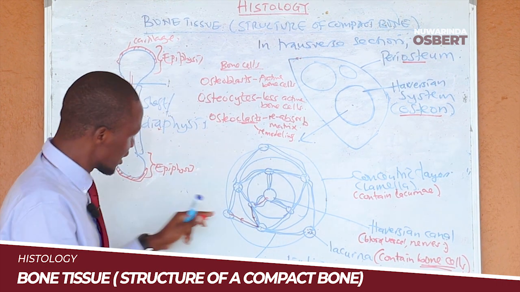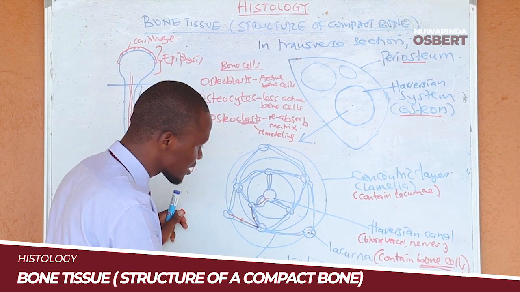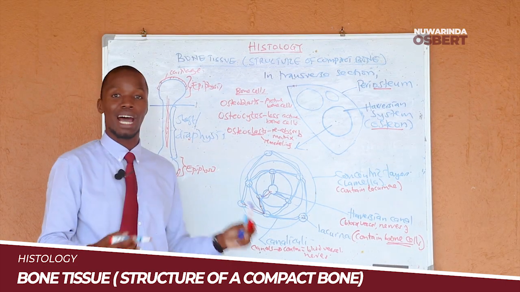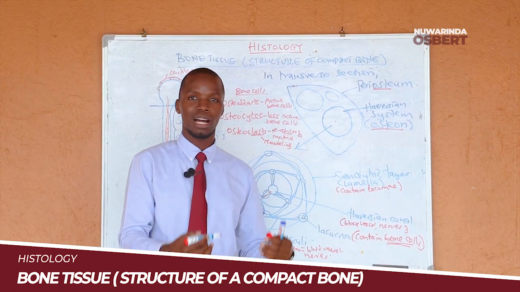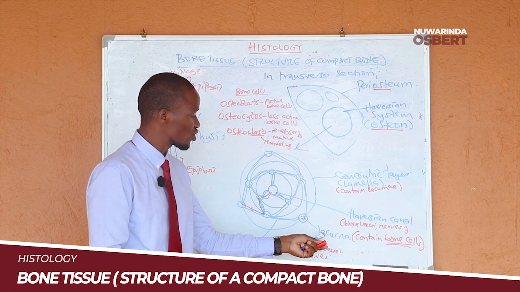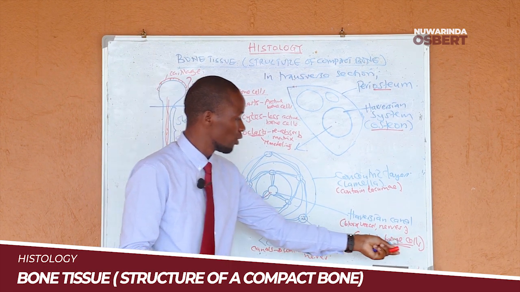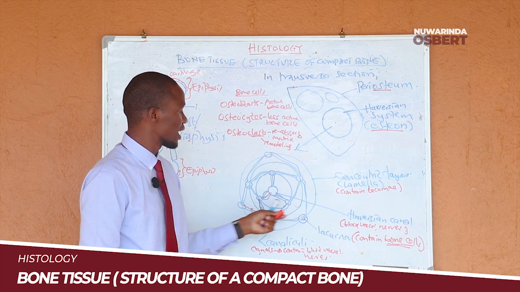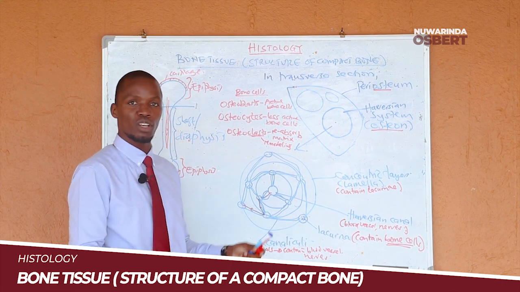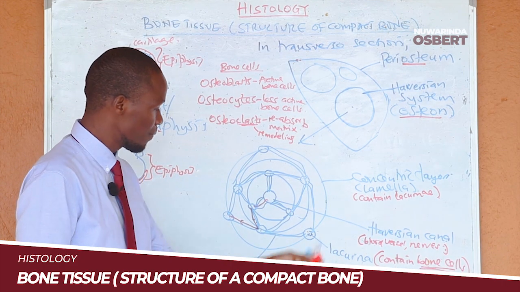So all these blood vessels are moving within those small canals, which we call the Canaliculi. The Canaliculi are small canals which interconnect the different cells and ensure communication between the different bone cells, which are found in different lacunae, which are found in different lamellae. So communication is done through the Canaliculi.